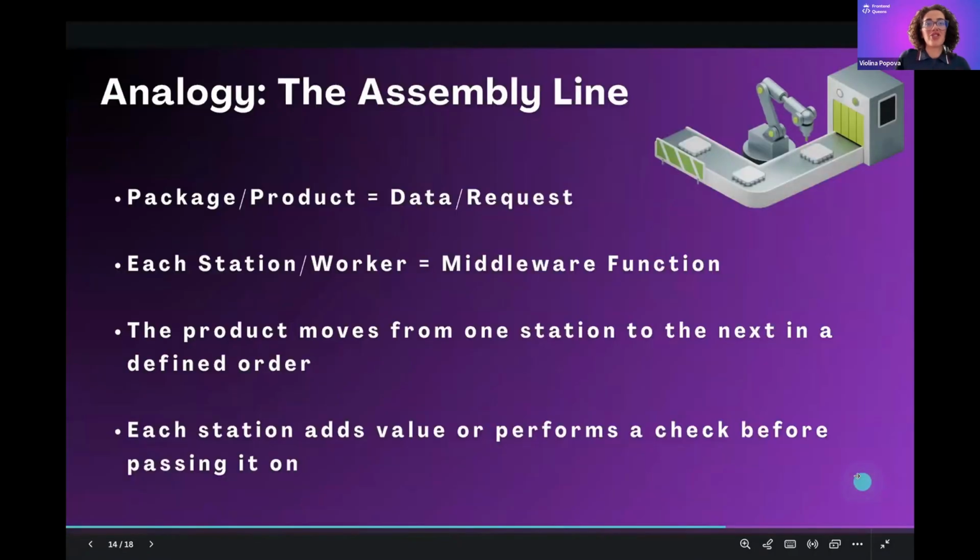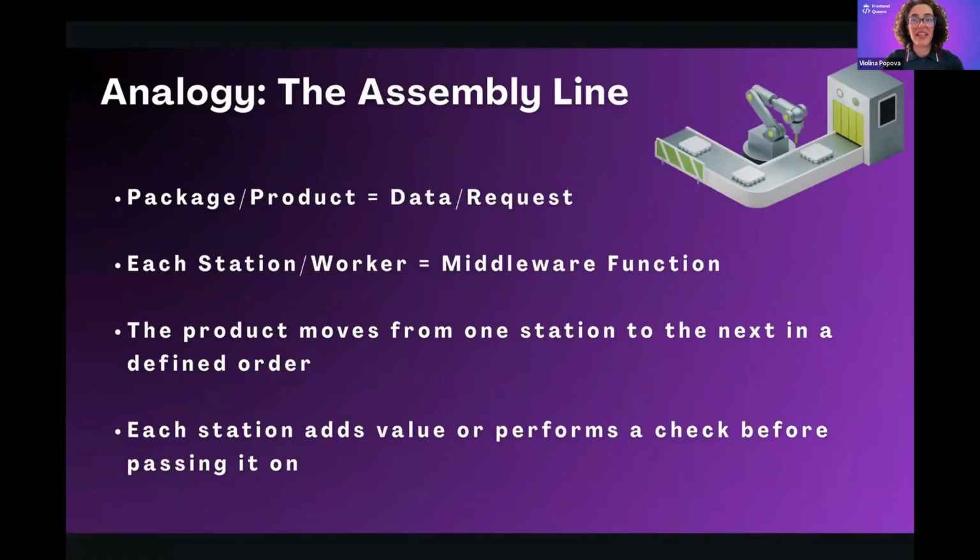The best analogy for middleware is an assembly line or a series of security checkpoints. Imagine a package moving down an assembly line. At each station, each middleware, a different worker function performs a specific task. One adds a label, another scans it, a third puts it into a box. The package is passed from one station to the next until it's ready. Or think about going through security at an airport.